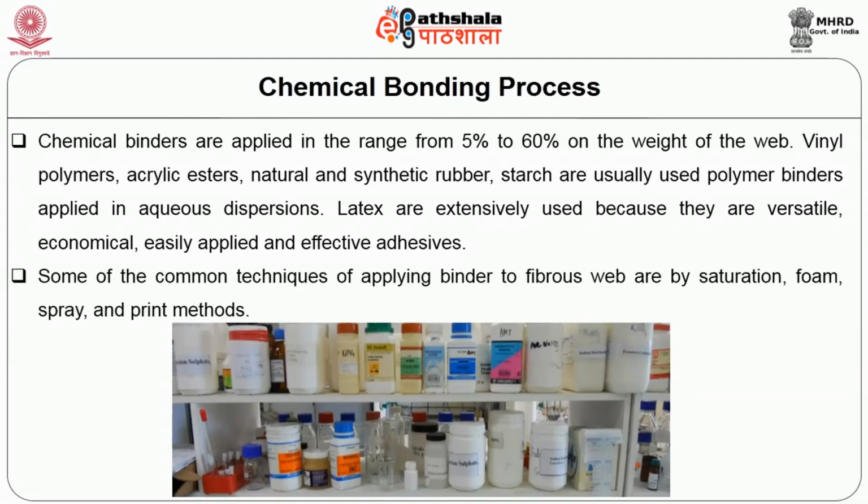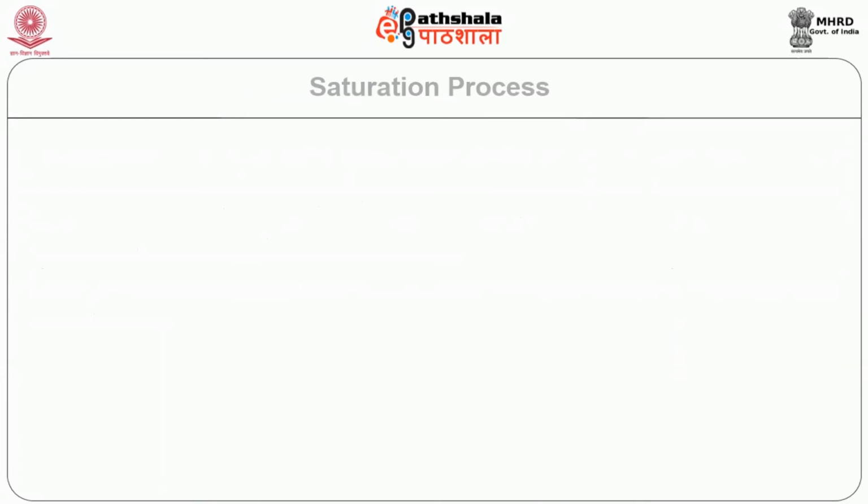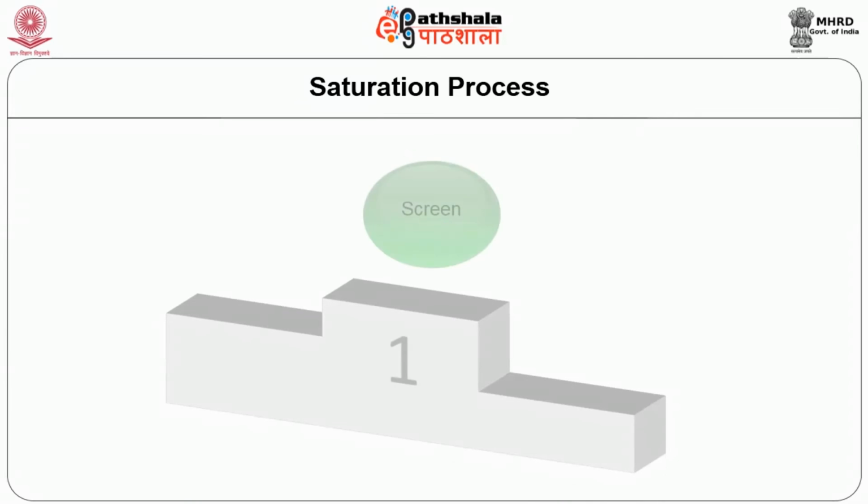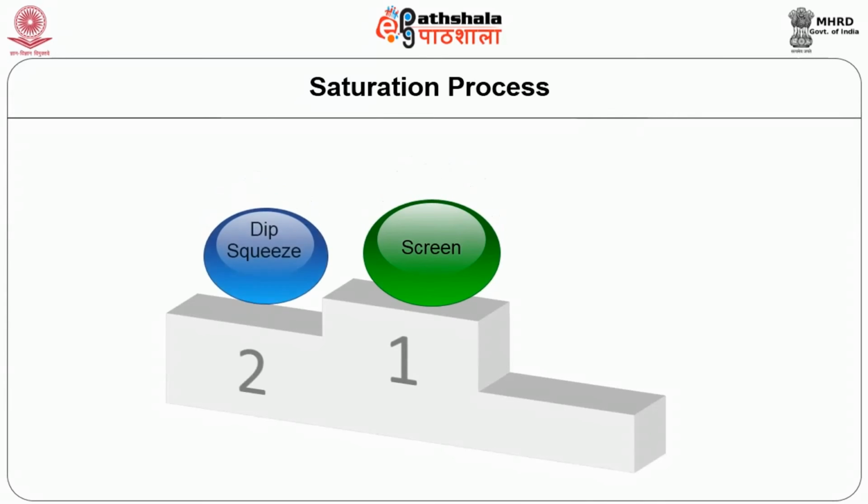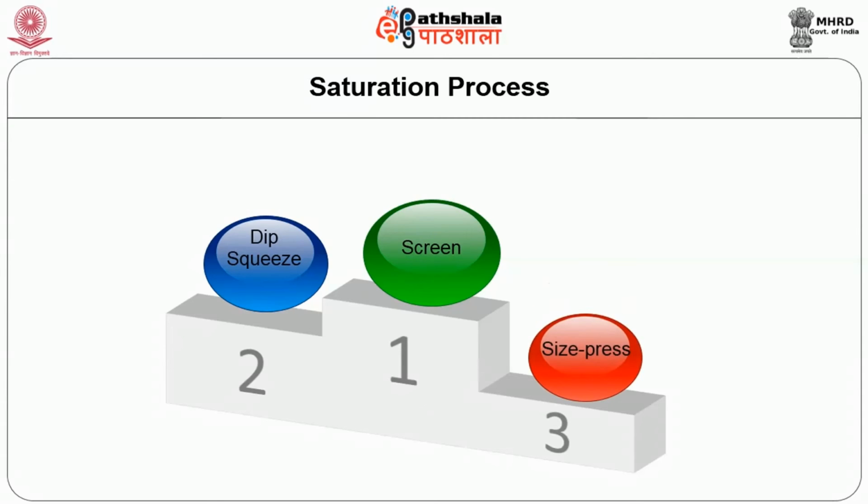Some of the most common techniques of applying binders to fibrous webs are by saturation, foam spray, and print method. Now, saturation process. Saturation bonding can be carried out in 3 ways using screen, dip squeeze, and size press.